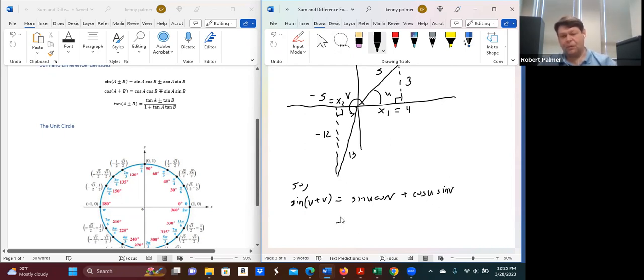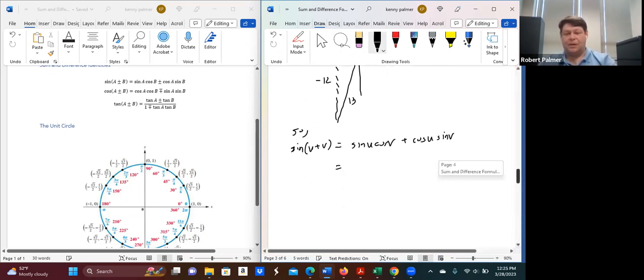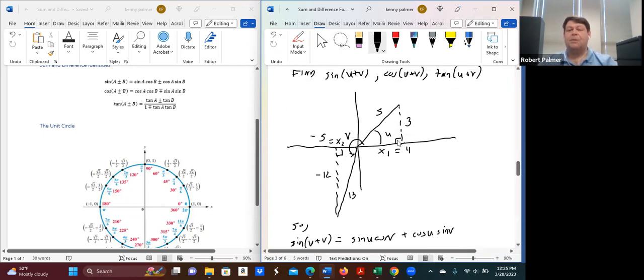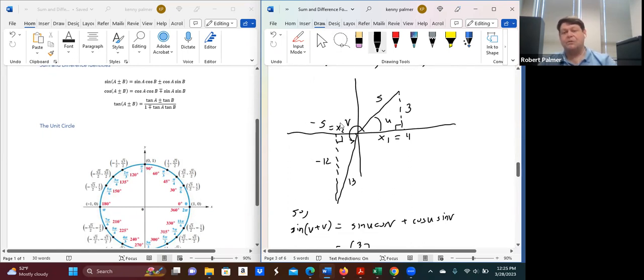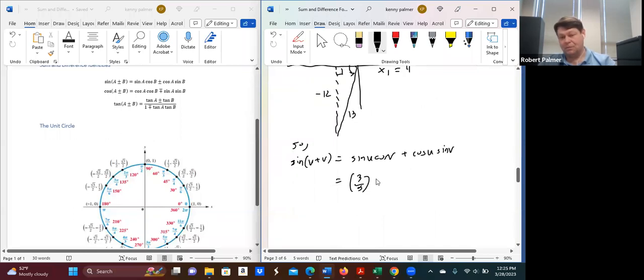Okay. Then we can plug those in. All right, plug in the values. So we know the sine of u is 3/5. And the cosine of v, angle V, that's right here. Cosine is x over r, so that's negative 5/13.